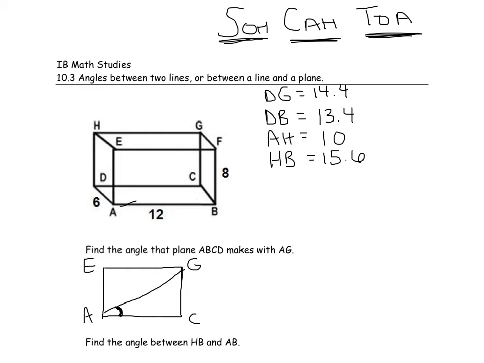So how are we going to use that information? Well, there's a lot of lines that are going to be the same length. In ours, AC is going to be the same length as DB.